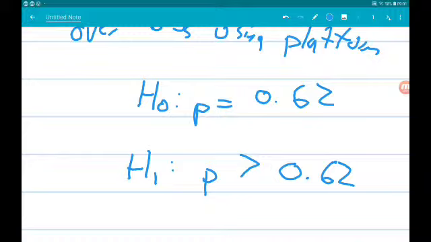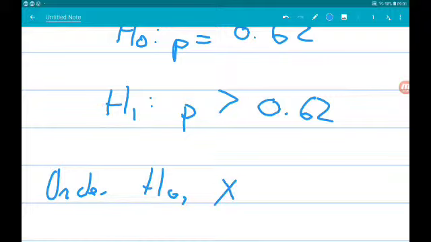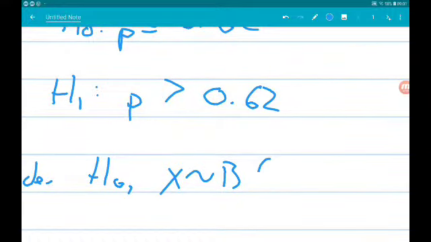Okay, so this situation is binomial. They either do or do not use the platform. So under H naught, X has a binomial distribution. Now our N is going to be the number of adults sampled, so 59, and P is 0.62.